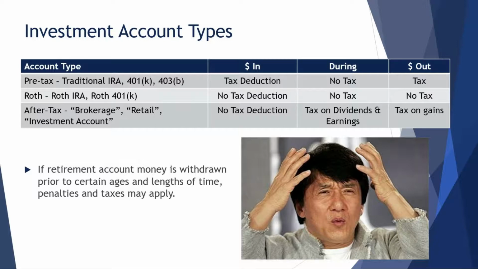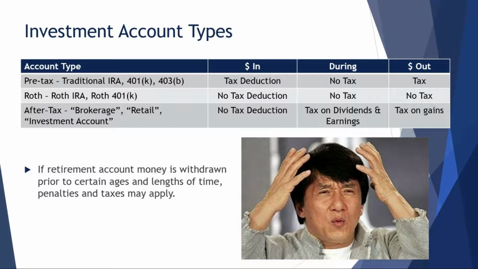When you put money into accounts of those types, you're getting a tax deduction. So you're not paying federal income tax on the amount that you put in. If you did pay federal income tax, you'll get a tax deduction for it. While that money is invested, you're not paying tax. And then when you take the money out, you pay federal income tax on it.